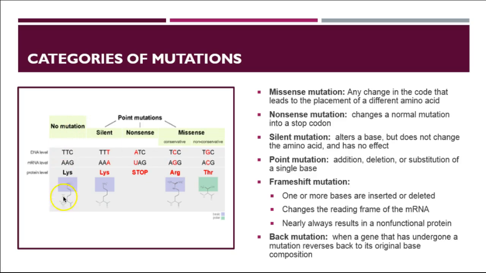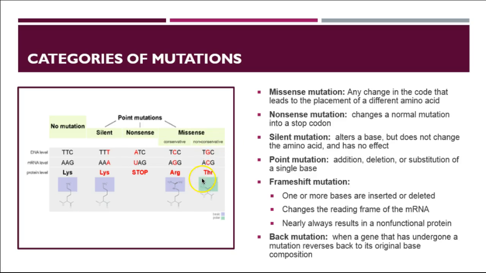So the first column shows you what the original strand or sequence looked like. So the original codon was TTC, the mRNA codon was AAG, and this produced lysine as the amino acid.